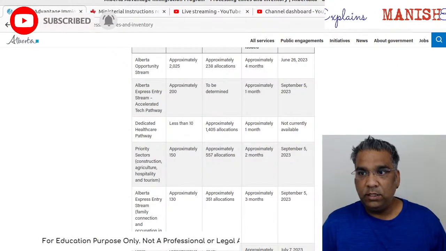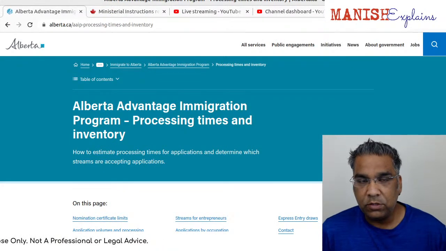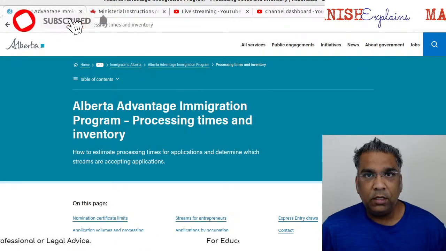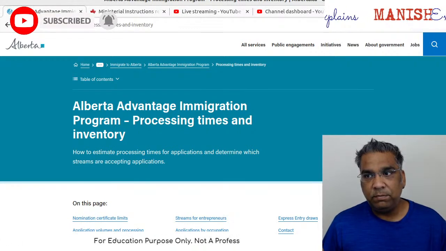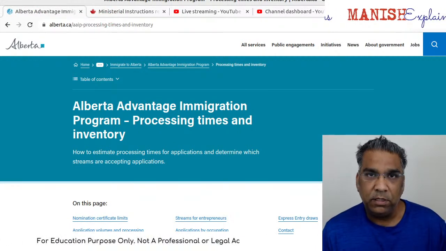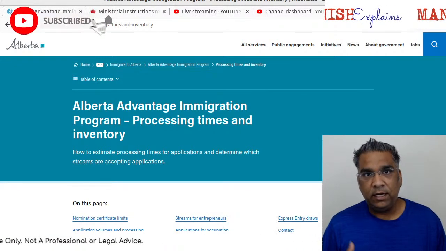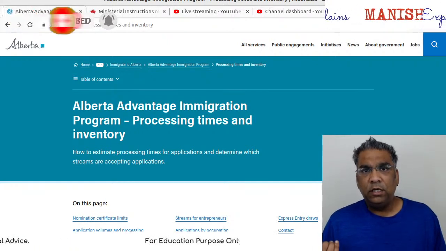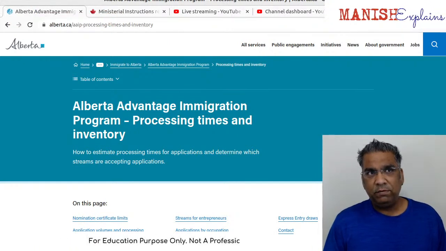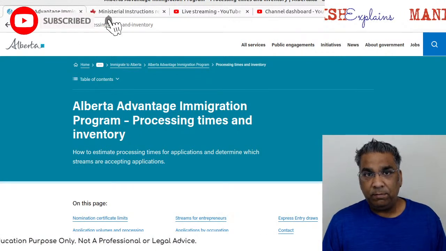So this is the AIP inventory page. Some of the basics about AIP inventory: this is the page where the Alberta Advantage Immigration Program declares its results, and it also gives some background information about the inventory. This is a pretty new development, and it's a good development.